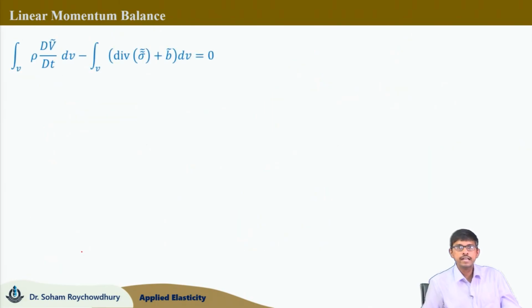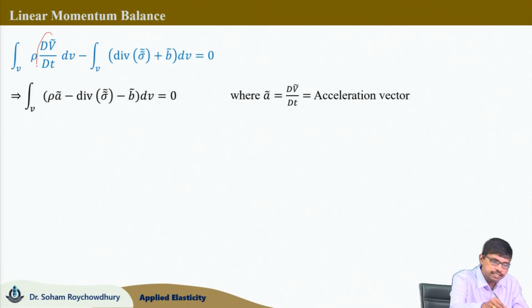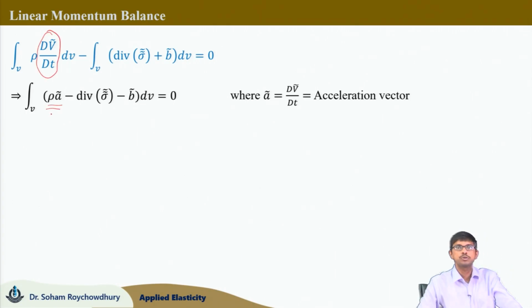Now, simplifying that further, we can define a small a to be the acceleration vector, which is the total time derivative of capital V, that is the velocity vector. So, in the first term this dV dt is written as a. So, rho dV dt is rho a, and rho times acceleration minus divergence of sigma minus b integrated over the total volume is 0.